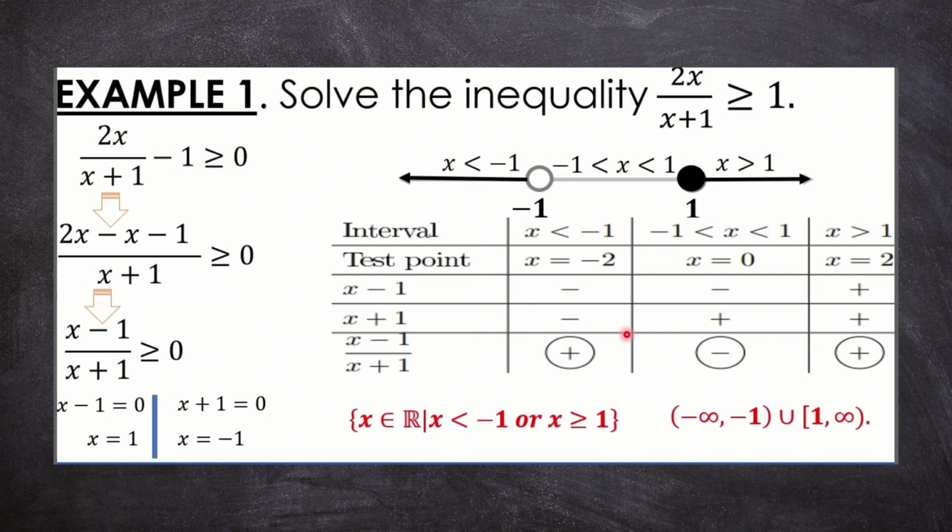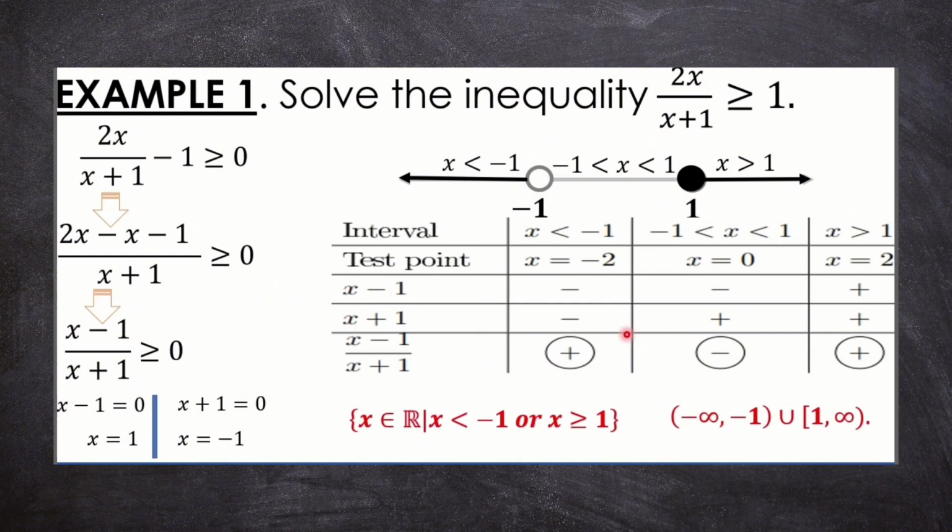Then substitute each one. Negative 2 substitute to x. Negative 2 minus 1 is negative 3. It is called a sign table because we will only put the signs. Next, negative 2 plus 1, that is also negative 1. In the last part, we will put the multiplied. Negative times negative is equal to positive.